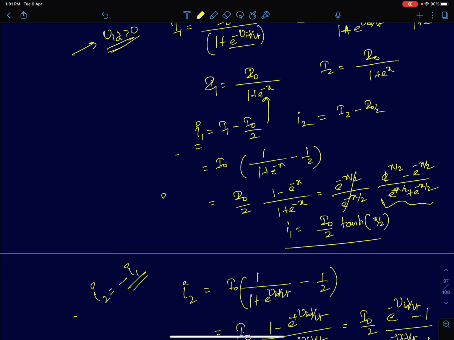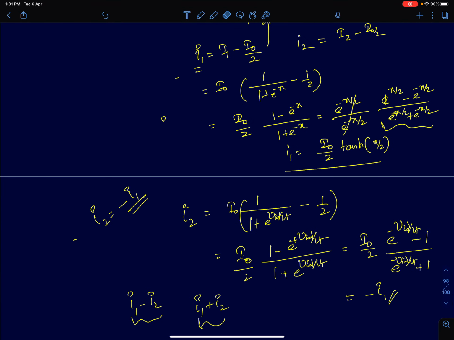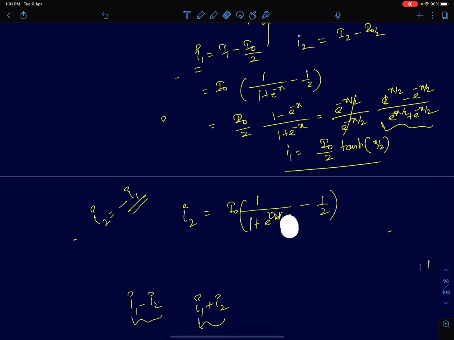In the same way, I can perform an analysis for I2 as well. So this term I can write as I0 by 1 plus e power x minus half. So this reduces to I0 by 2 into 1 minus e power x by 1 plus e power x. So similarly, I'll take e power x by 2 common out.